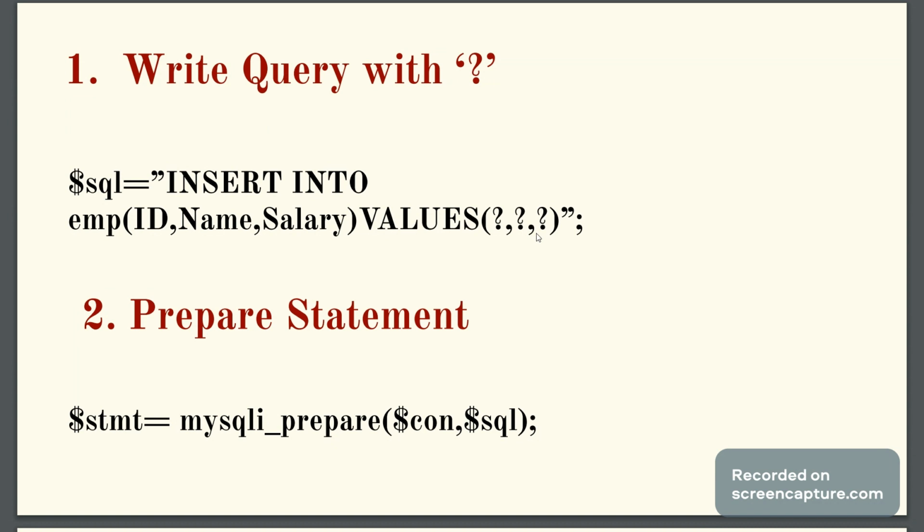We have to prepare this query so that we can take one object. So in the $stmt variable, we are preparing this query by using the method mysqli_prepare, in brackets passing the connection object and the query variable which has the question marks. Now this statement variable is the prepared statement.